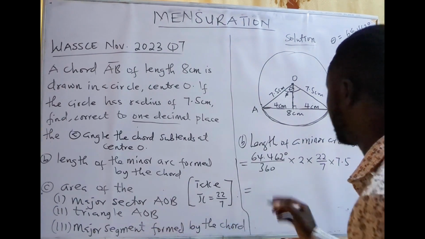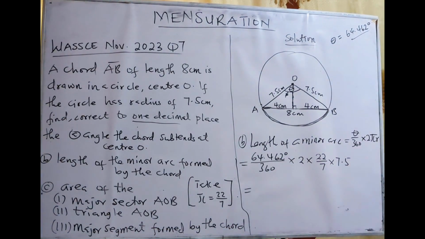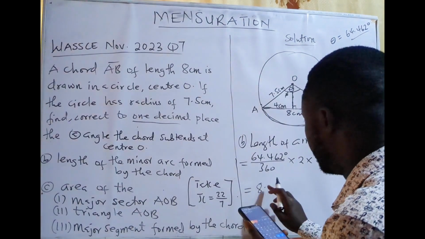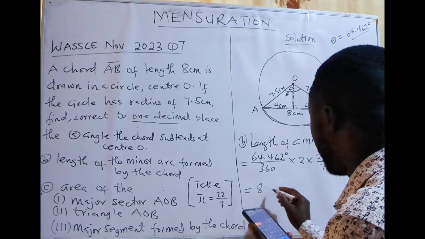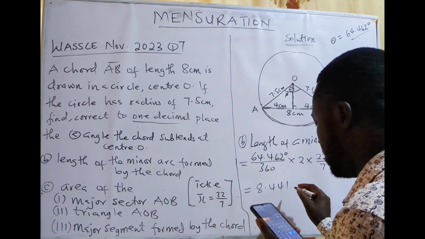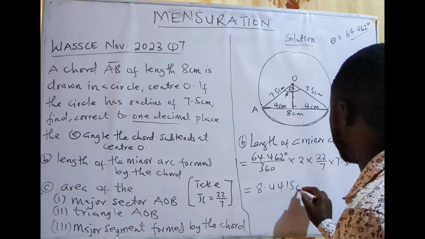All right, so you just put this on the calculator and then you get our answer. 64.462 on 360 times 2 times 22 on 7, times the radius 7.5, and that will give us 8.4415 centimeters.